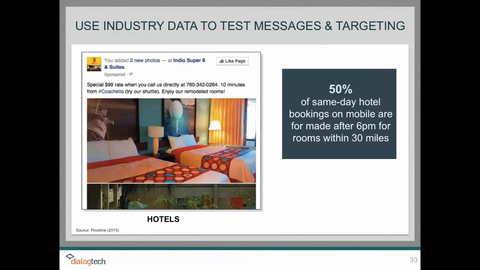So you can run ads targeting these people. Run specific geographic targeted locations, run ads for a specific location near where somebody is, and then give them an incentive to call you or to click through and make a reservation or to visit your business.